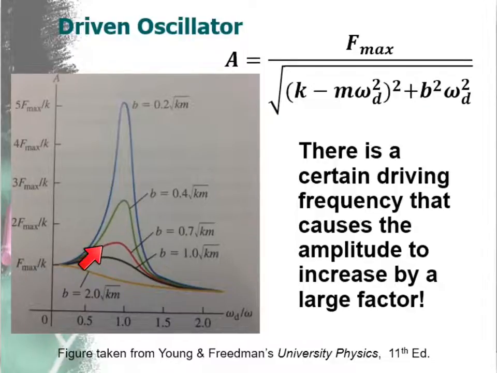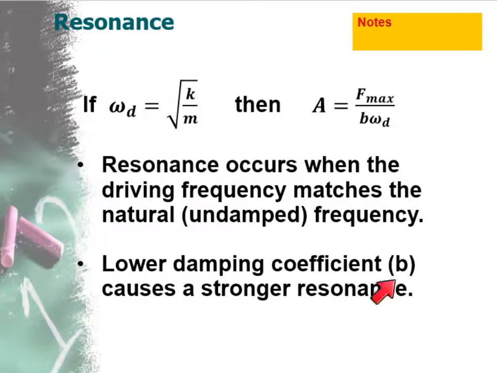So we're not increasing the amplitude very much above what it would have normally had at other frequencies. So changing this value of b modifies the amplitude. Lower damping coefficient causes a stronger resonance.